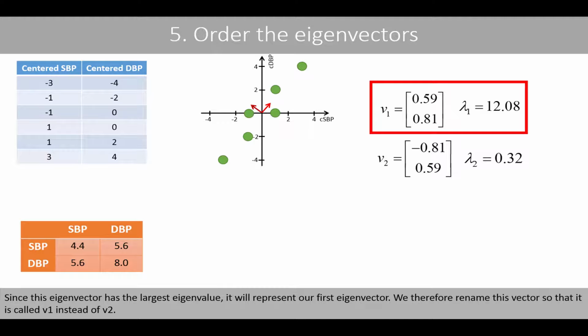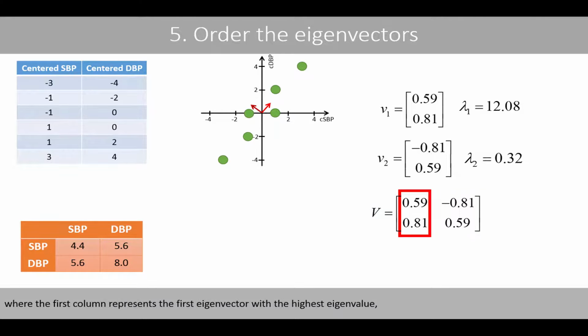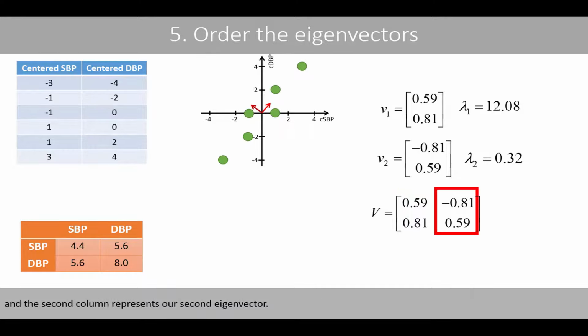We therefore rename this vector so that it is called v1 instead of v2. Let's put these two eigenvectors together into a matrix that we called V, where the first column represents the first eigenvector with the highest eigenvalue, and the second column represents our second eigenvector.